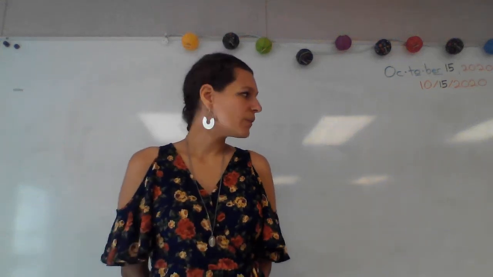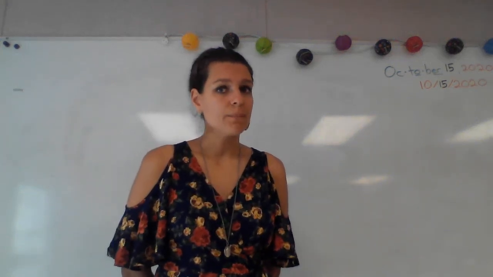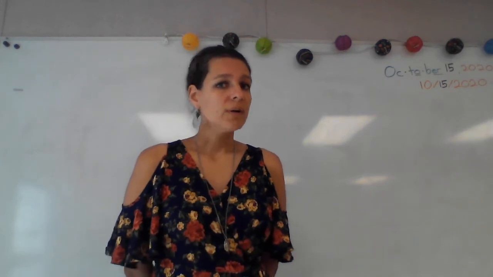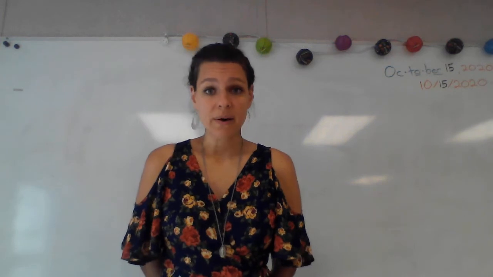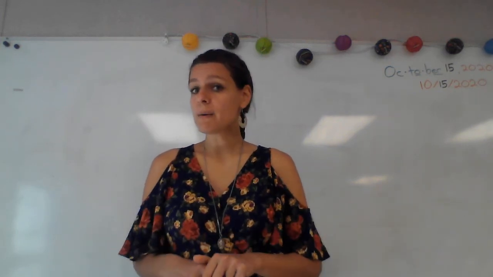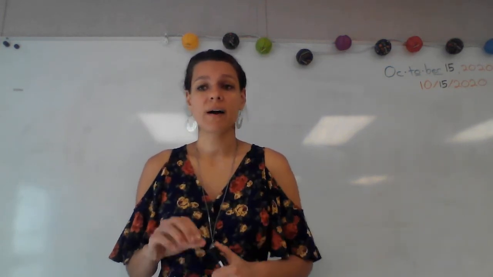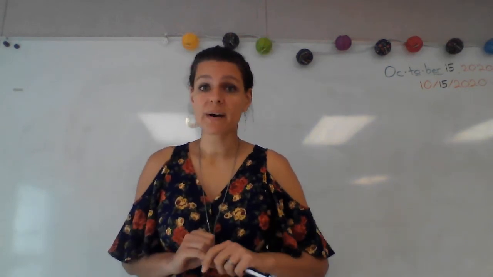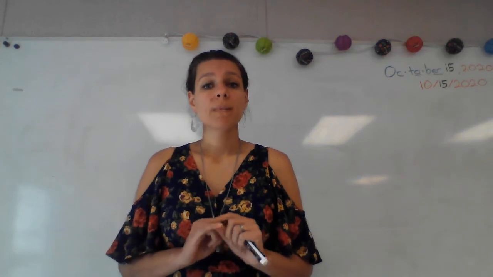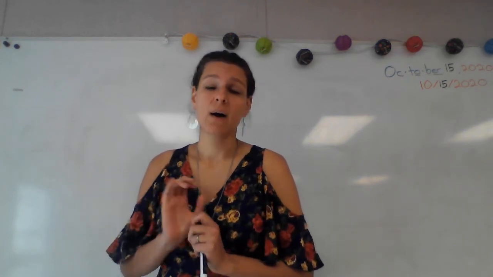All right, class, before we start practicing our words and putting them in our notebook, I'm going to use one of our words in a sentence, and I want you to think about which part of speech it is. So the three parts of speech we know so far are, let's see, one is a person, place, or thing. What's that part of speech? Good, that one is a noun.